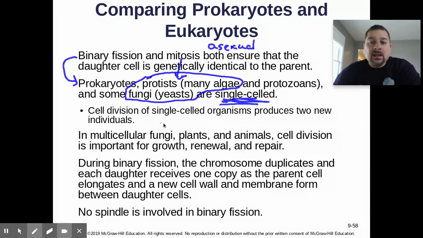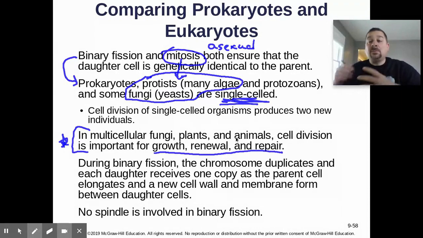They're producing two new individuals. Multicellular fungi use mitosis for growth, renewal, and repair. For making the organism bigger, you add more cells. Or repair, you get a cut or damage. They remove the damaged cells, and you'd use mitosis to replace those cells, to repair that damage.